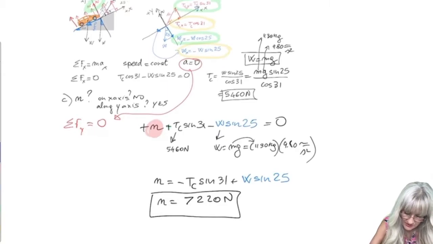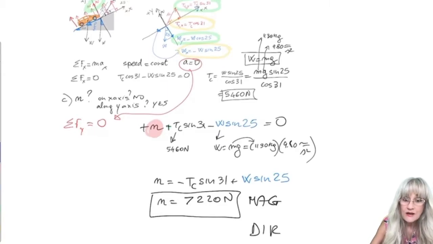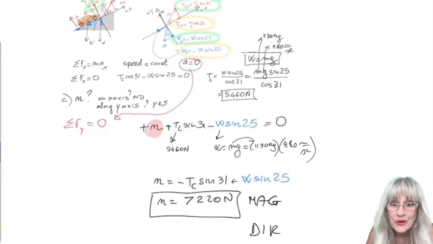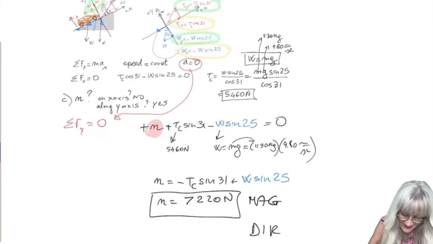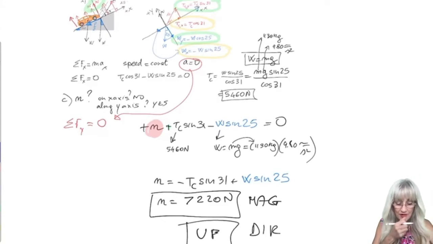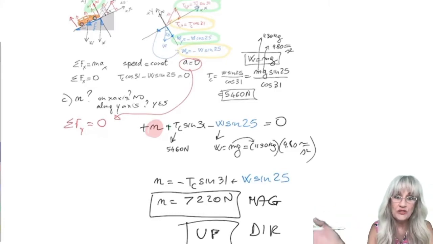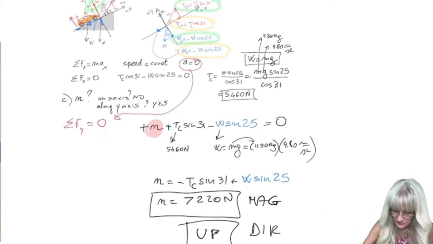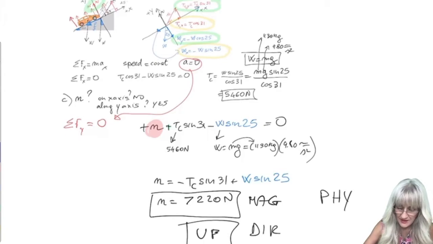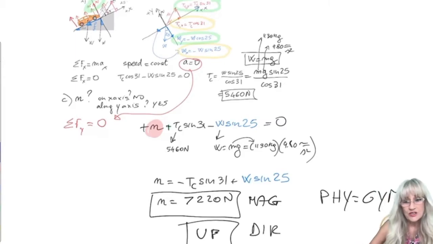Frame it. Wait a second, this is the magnitude, and if I ask you the direction, is it up or down? Indeed it is up. Frame it, problem is done. This is a classic on the test, on the final. So remember, physics is like going to the gym, right? You're going to do repetition, 16, set of 2.